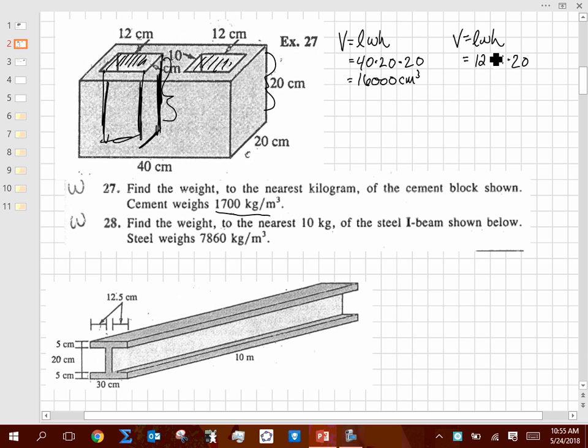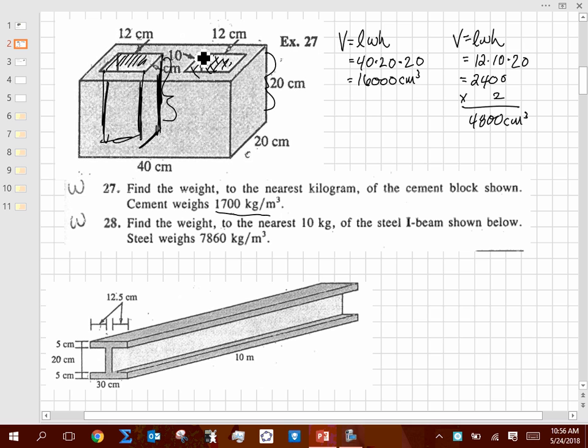So again, 12 times 2 is 24, and then I've got the zeros there. But now there's two of those holes. There's this one as well. So I'll double that. I get 4,800 cubic centimeters.